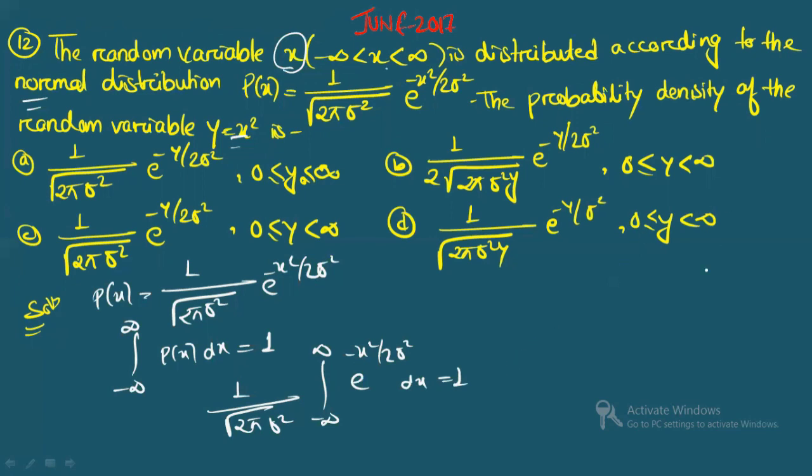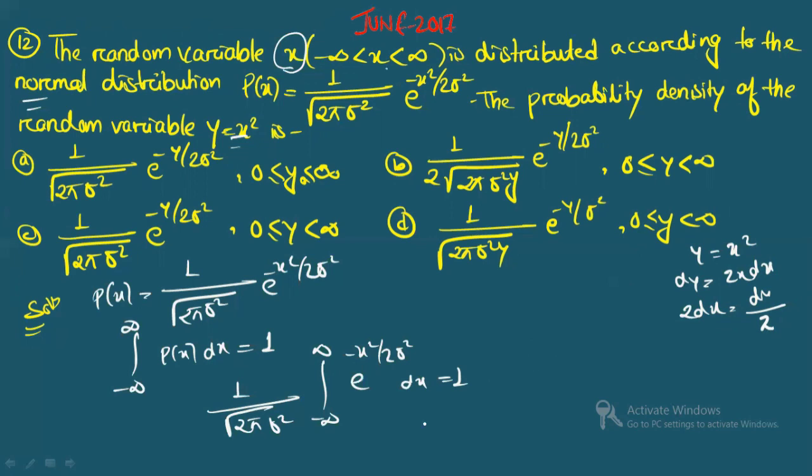Now y equals x square, so when you differentiate, dy equals 2x dx, so from here 2x dx equals dy.